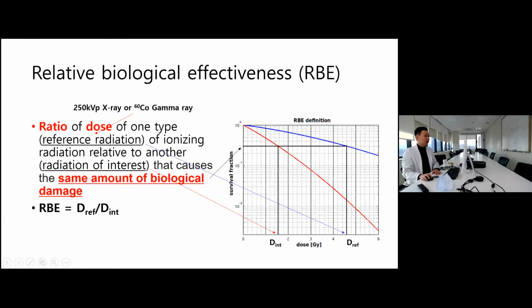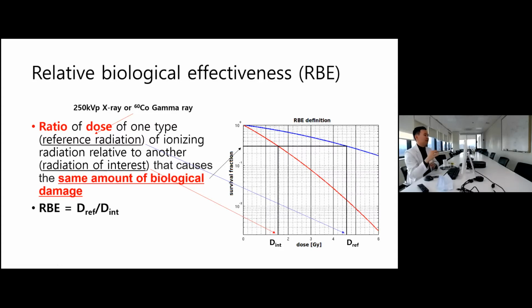Okay, and the next part is about the relative biological effectiveness. This RBE is an empirical value, and it varies depending on the type of ionizing radiation.